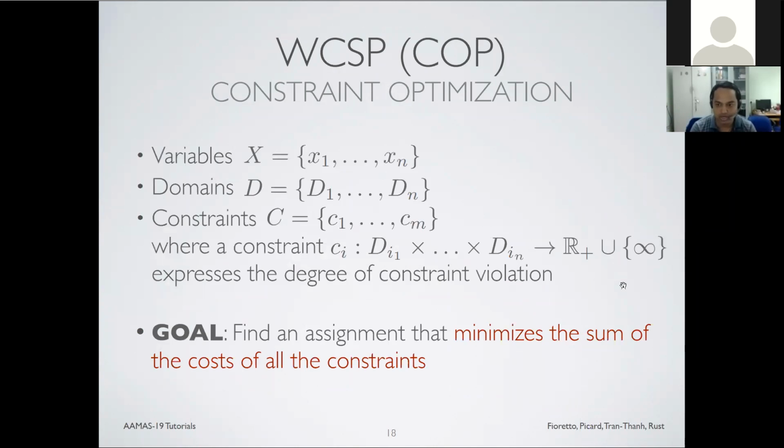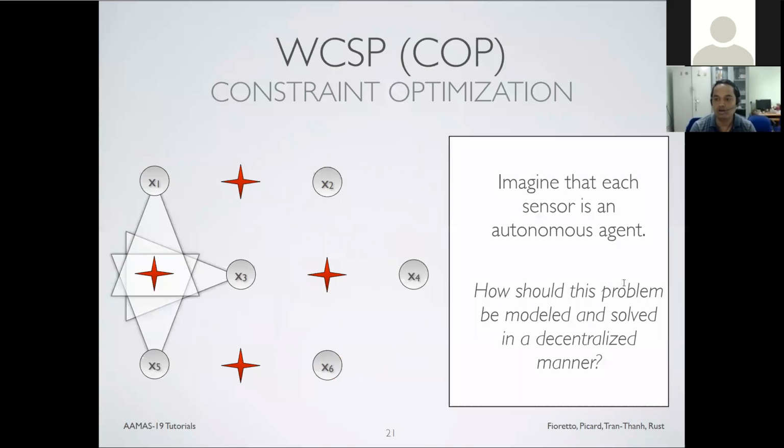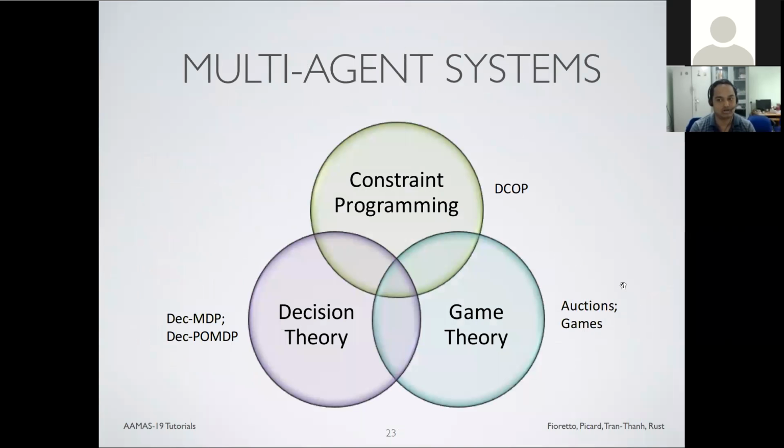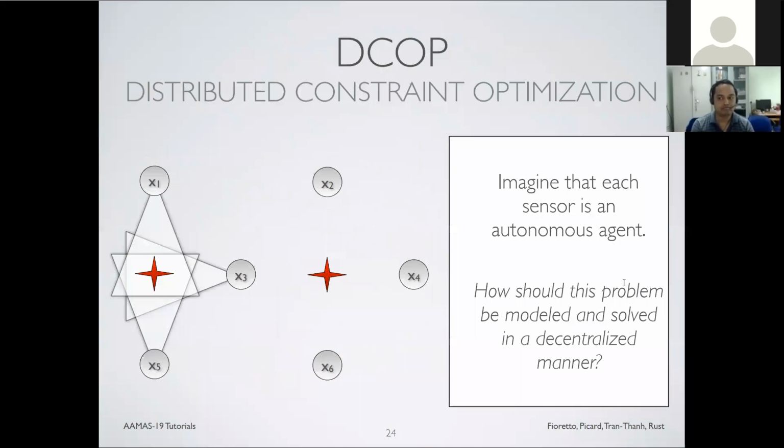So that's why the notion comes for distributed constraint optimization, where we are putting a single agent who can control each of these sensors. For example, there is an agent who is controlling the values of x1. There is an agent who is controlling the values of sensor x3, similarly for x5, like this way.